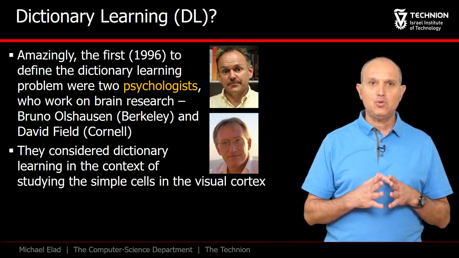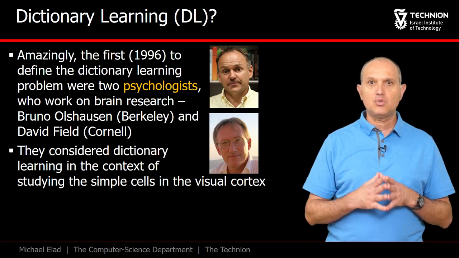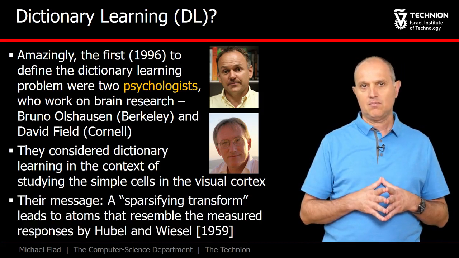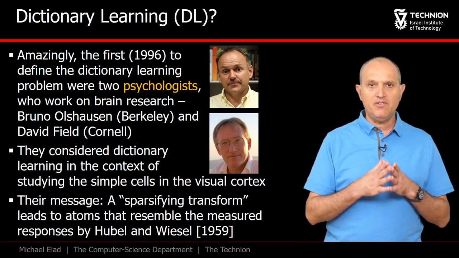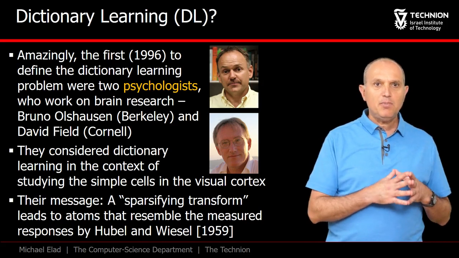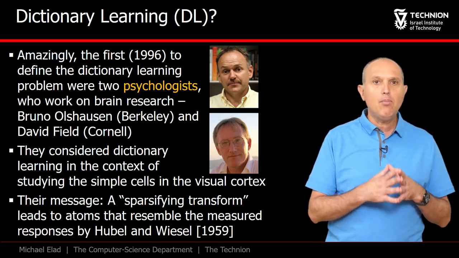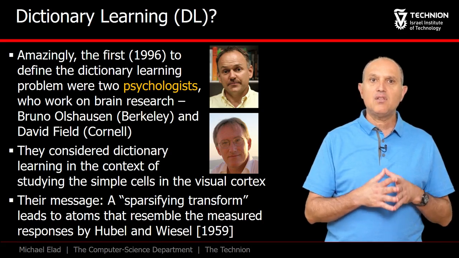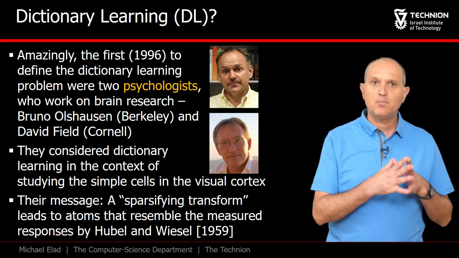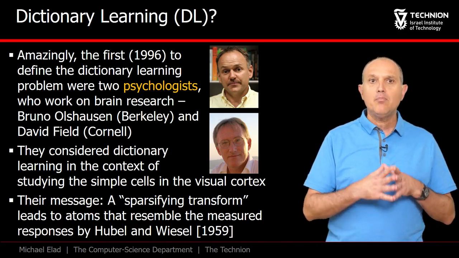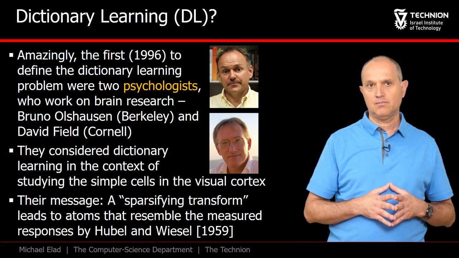Rather, they aimed to show that SparseLand modeling is running in our heads, or the visual cortex to be exact. Earlier work by Hubel and Wiesel in the 50s showed experimentally that the simple cells in the visual cortex have a Gabor-like response. Olshausen and Field have shown that this could be explained as a sparsifying transform. So the message is, our brain believes in the SparseLand model.